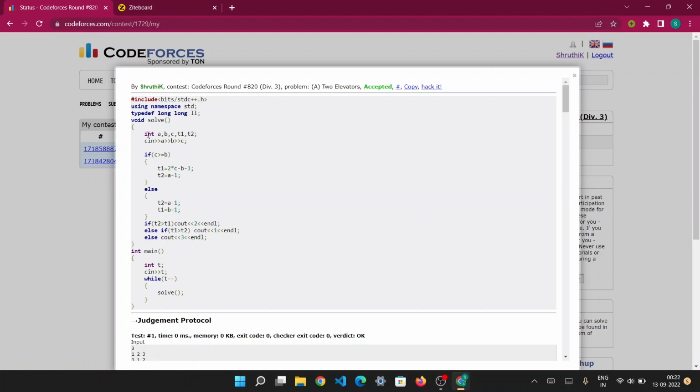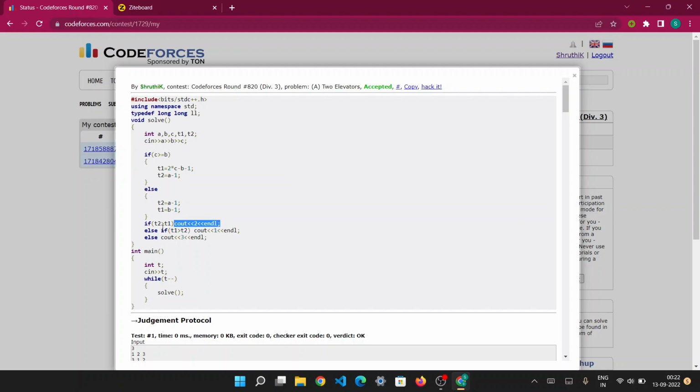So I've declared A, B and C and I've declared T1 and T2. If C is greater than or equal to B, T1 is 2C - B - 1 and T2 is A - 1. In the other case, T2 remains the same, A - 1, and T1 becomes B - 1. If T2 is greater than T1, then we output 2.